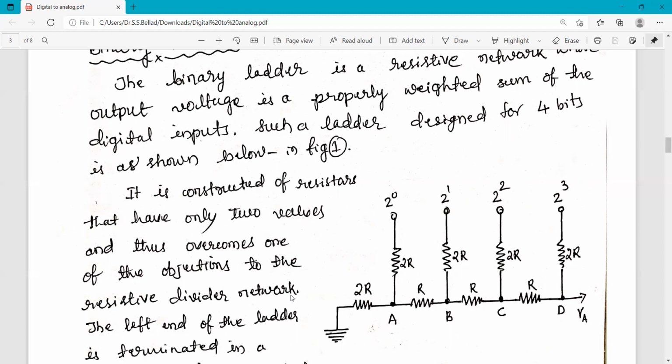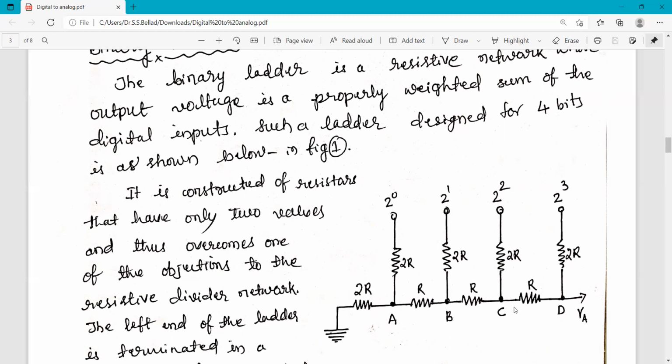In the resistive divider network, I explained in the last session, one of the drawbacks is that the resistors used in the network are of different values. That creates the problem of precision and accuracy. That problem is overcome here because only 2 types of resistors are used: one is 2R and another is R. That is why it is popularly known as the R-2R ladder network.